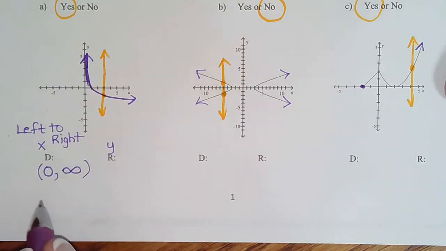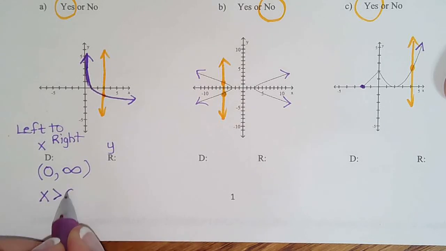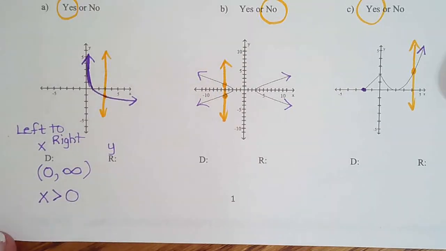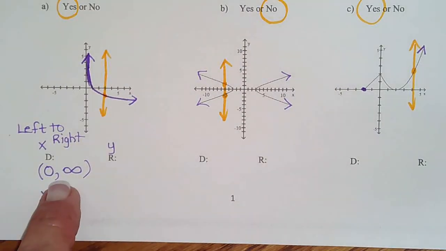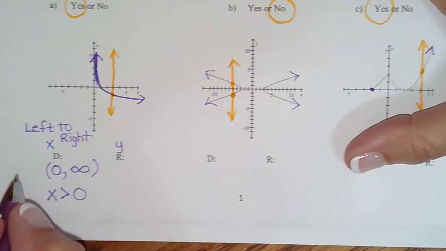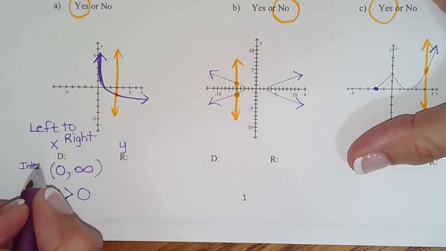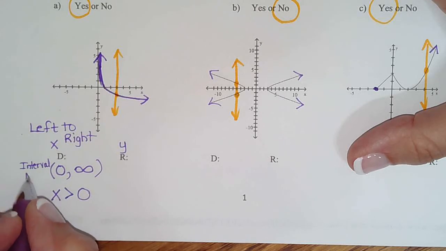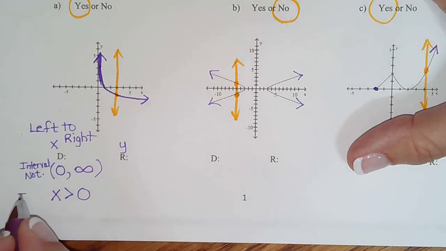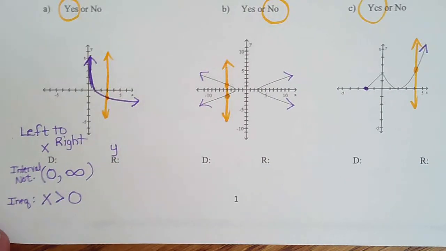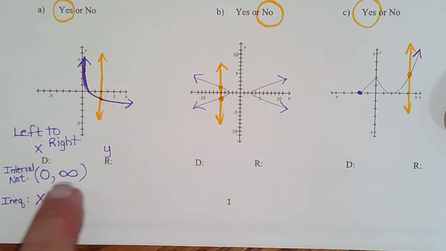If you were using an inequality, you'd say x is greater than 0. Because I know Alex has you use both. Most teachers only want this. This is called interval notation. And this is called an inequality. So depending on what Alex wants, but like I said, all your classes after this are going to want interval notation.